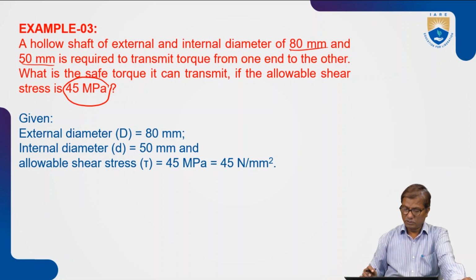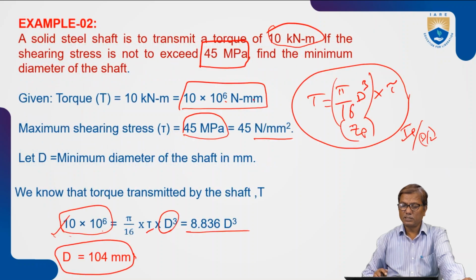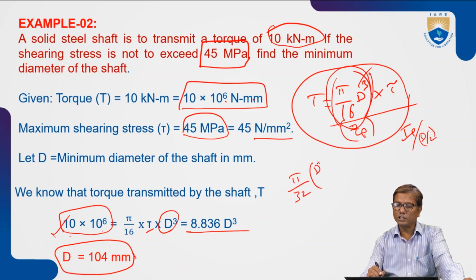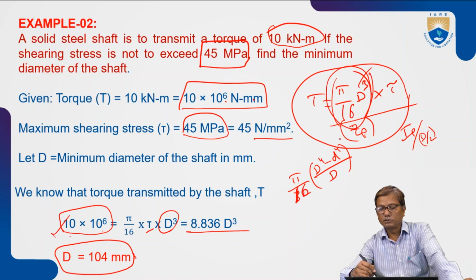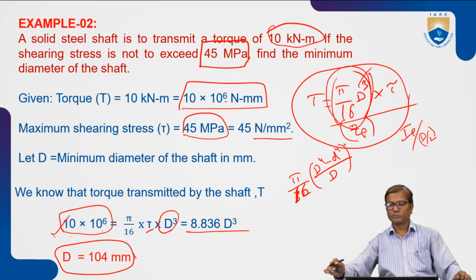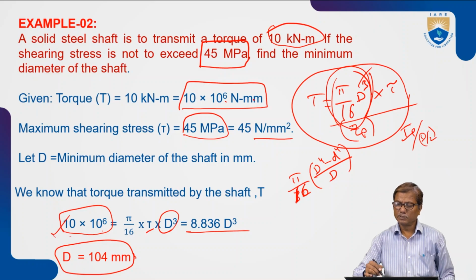So the formula we are going to use is the same. Only thing is the polar modulus is given as pi by 32 into D power 4 minus d power 4 by capital D. This is pi by 16 into capital D power 4 minus small d power 4 by capital D. This is Z_p.